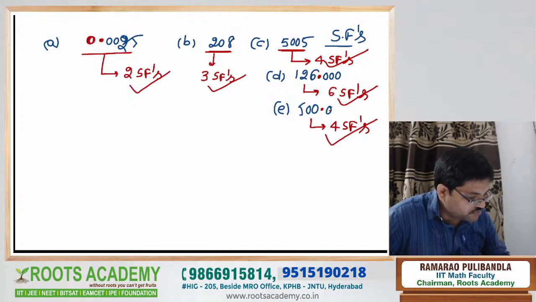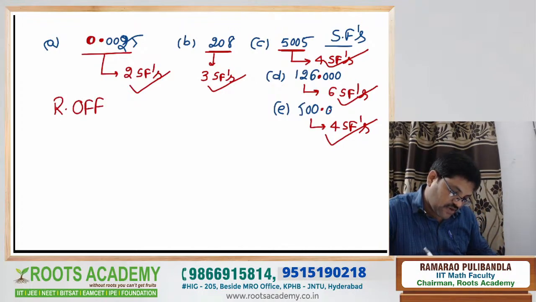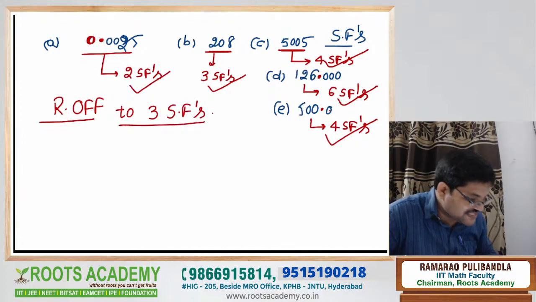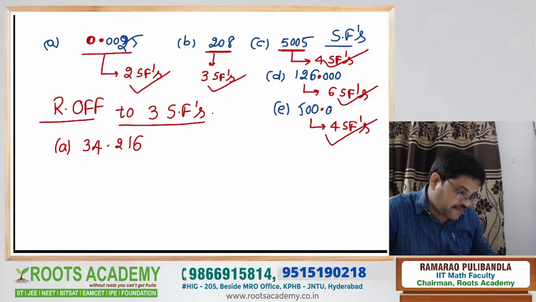Rounding off to 3 significant figures. So the next question is rounding off. Off means cut off. Rounding off to 3 significant figures. What is the first one given? A is 34.216.